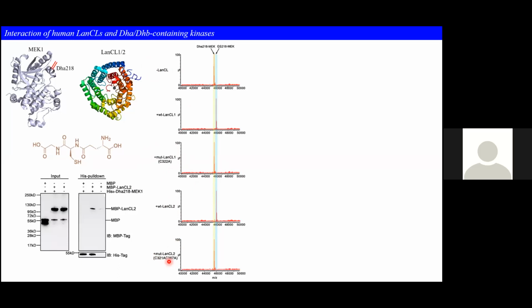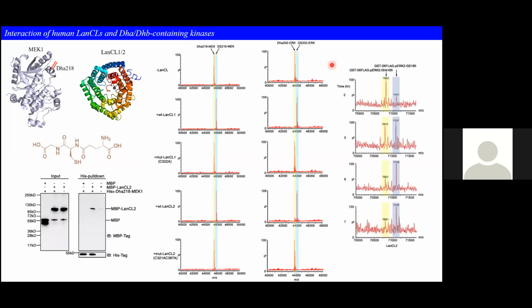We also managed to make other DHA-containing or DHB-containing kinase proteins here. They share similar patterns, with similar results to the wild-type protein. For the samples where we added the catalytic LanCL proteins, we can see the shift, but not in other samples.